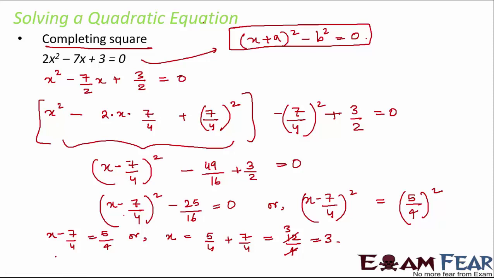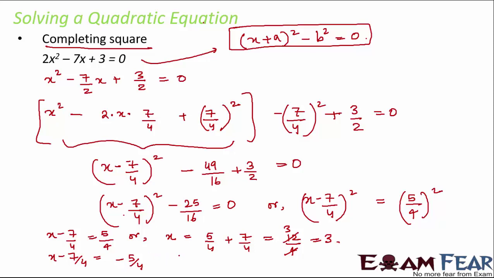There is another option, that x minus 7 by 4 could also be equal to minus 5 by 4. That's because here we saw that x minus 7 by 4 whole square is equal to 5 by 4 whole square. That means x minus 7 by 4 could be equal to 5 by 4, or it could be equal to minus 5 by 4, because minus 5 by 4 whole square is also equal to 5 by 4 whole square. Right?